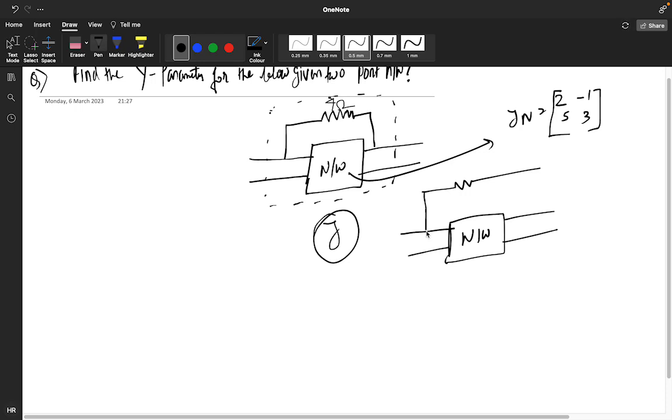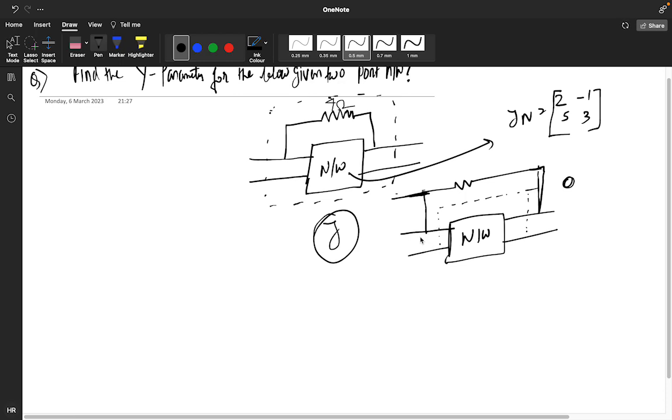If you connect this wire like this, it won't matter.